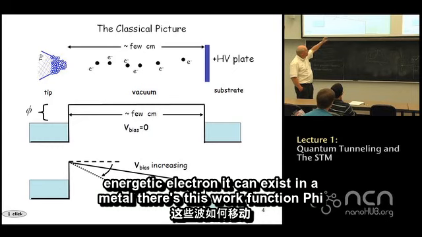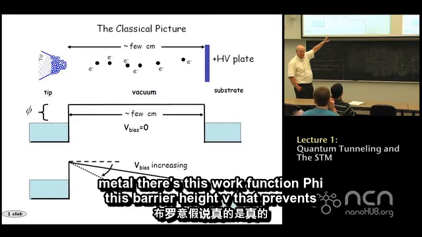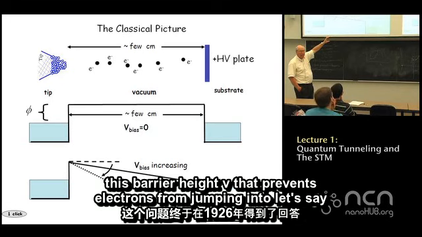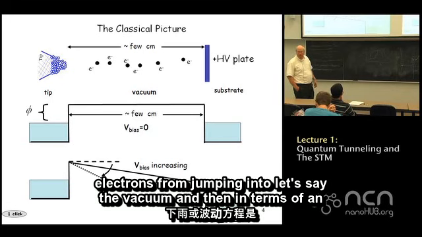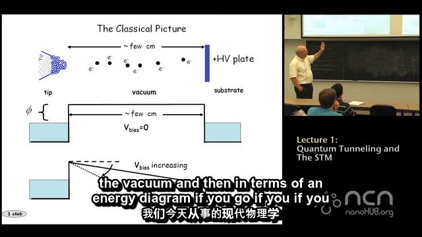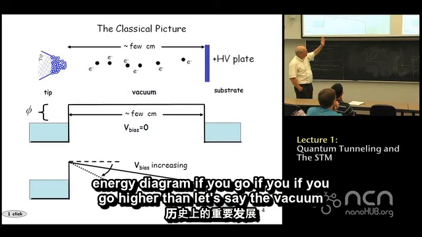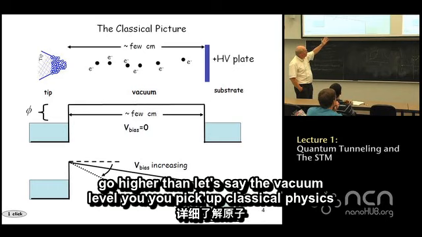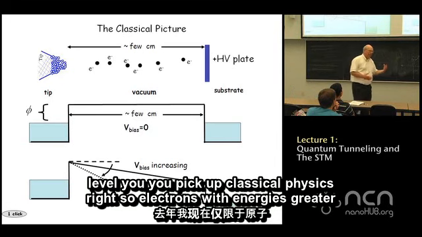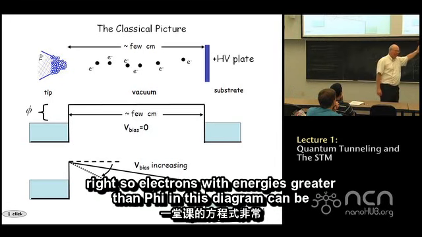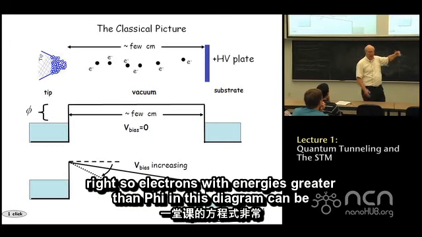There's this work function phi, this barrier height phi, that prevents electrons from jumping into the vacuum. And in terms of an energy diagram, if you go higher than the vacuum level, you pick up classical physics, right? So electrons with energies greater than phi in this diagram can be described classically.